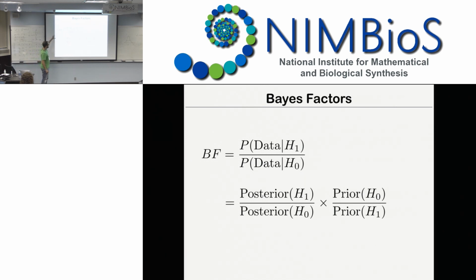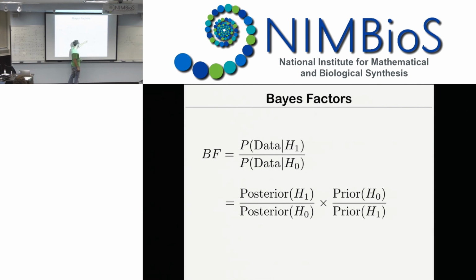Just a little bit about Bayes factors. The Bayes factor is defined as the probability of the data given hypothesis 1 over the probability of the data given hypothesis 0, which you can also rewrite as the posterior of hypothesis 1 divided by the posterior of hypothesis 0, times the inverse of the prior ratio.